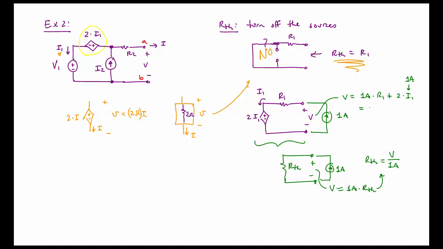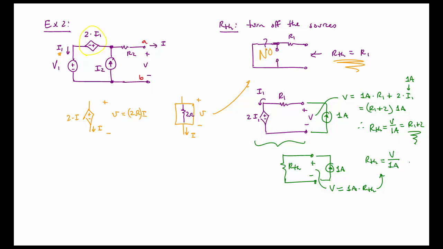So we see that V is equal to R1 plus 2 times 1 amp. And therefore, R Thevenin, which is equal to the voltage divided by 1 amp, is R1 plus 2, which is what we knew before having done this.